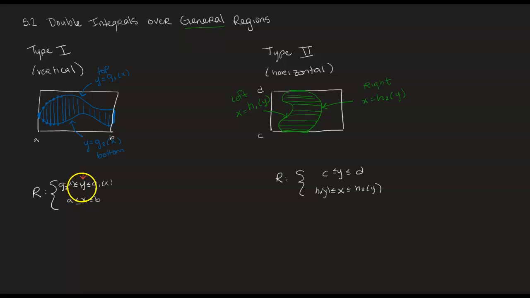We'll do some examples that'll help clarify that. But then the same thing happens in the type 2 region. x is squeezed between two functions of y. Maybe the largest value of x in this case would be sine of y. Again, it feels strange because we're saying a value of x is a function of y. We'll get through some examples here to make more sense of that in just a second.